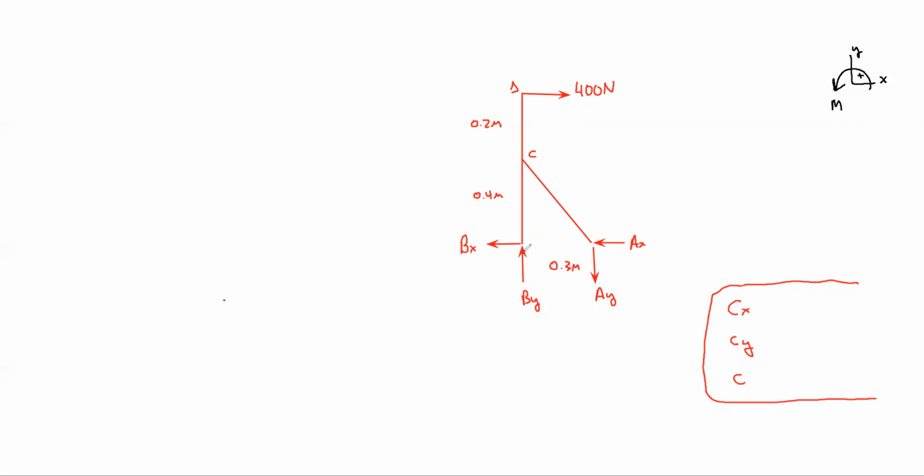When I'm looking for the reactions to the supports at A and B, at no time have we worried about what's going on at point C. There were a couple of folks who started their problem by saying they had to include CX and CY in the equilibrium equations for the entire structure, and that's just not true.